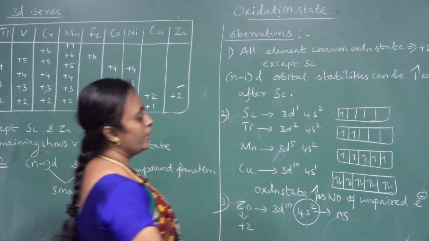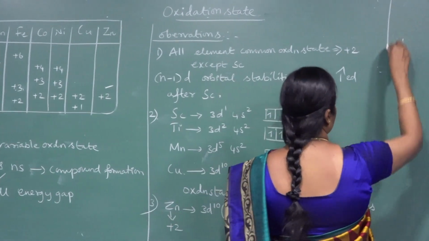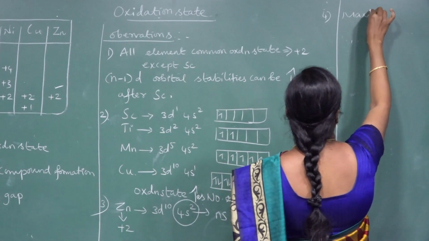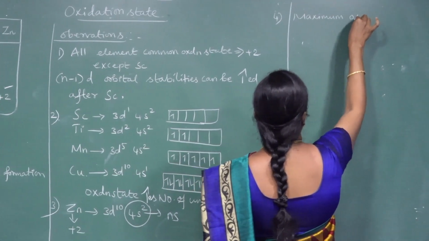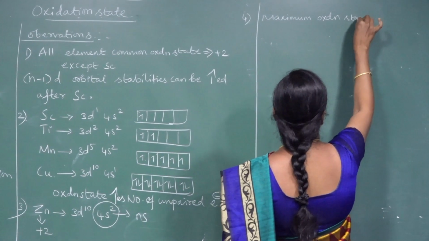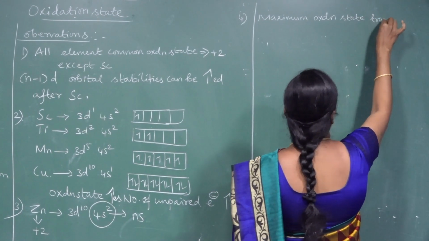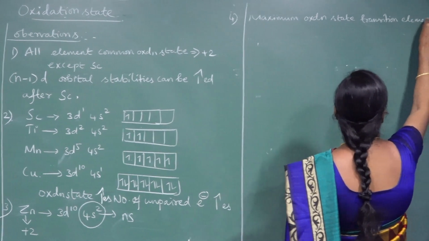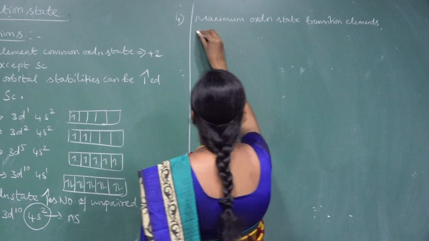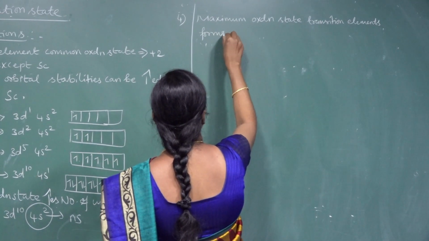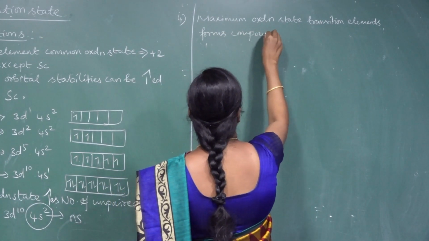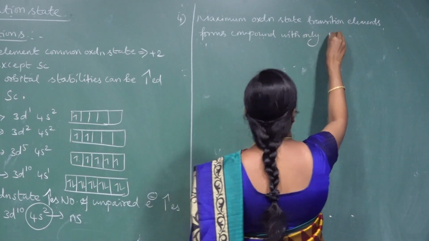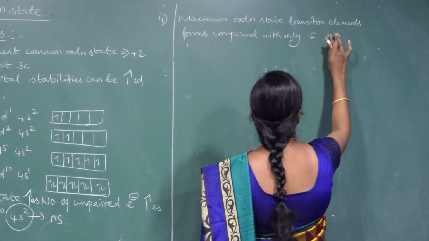Okay. And next one, if I am taking the transition element in its maximum oxidation state, the transition element forms compounds only with fluorine and oxygen.